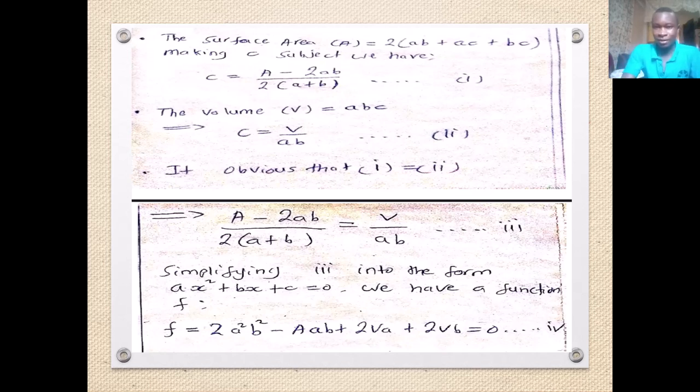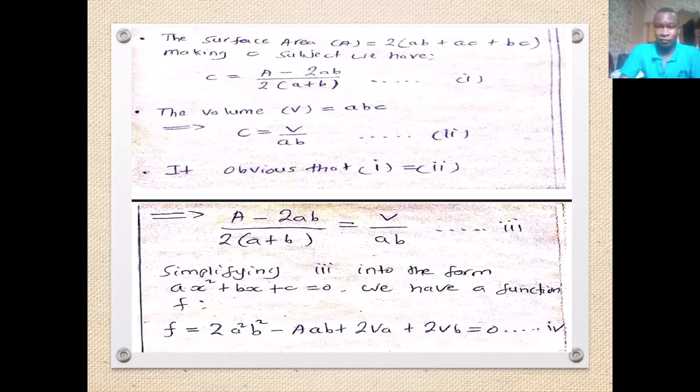Then simplifying equation 3 into the form AX squared plus BX plus C, which is the depressed function, as we said, we have a function as the model, which is going to be simplified as 2A squared B squared minus AAB plus 2VA plus 2VB equals 0. This is the model, and this is how that model was derived.